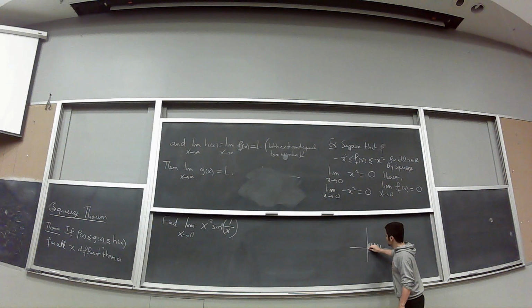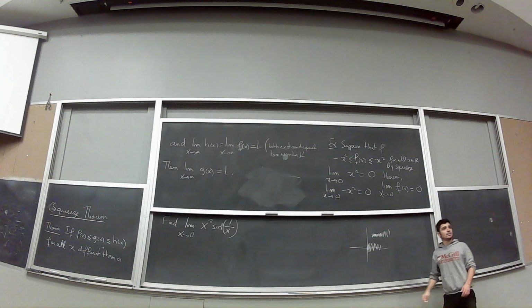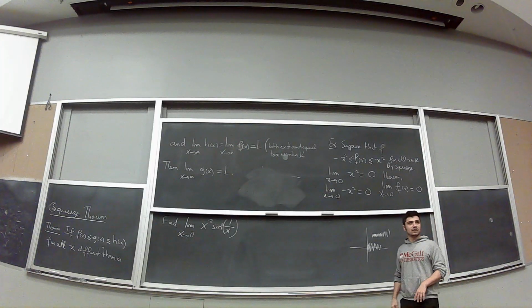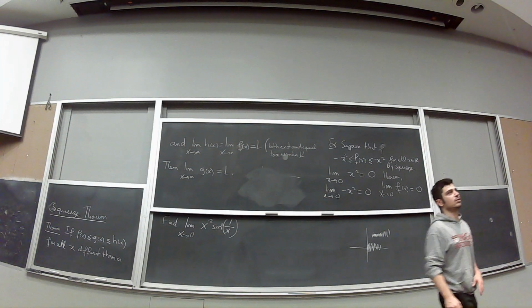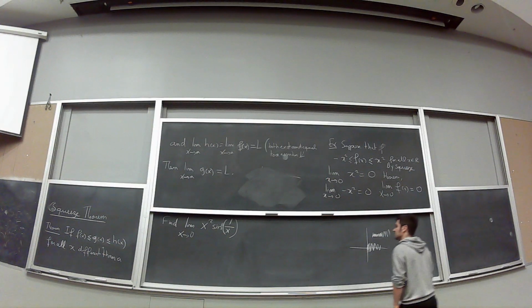And when x is near 0, it oscillates very fast. Did you ever see that? Try to plot it on a calculator to see what the graph looks like, and you will see that the limit at x equals 0 doesn't exist.